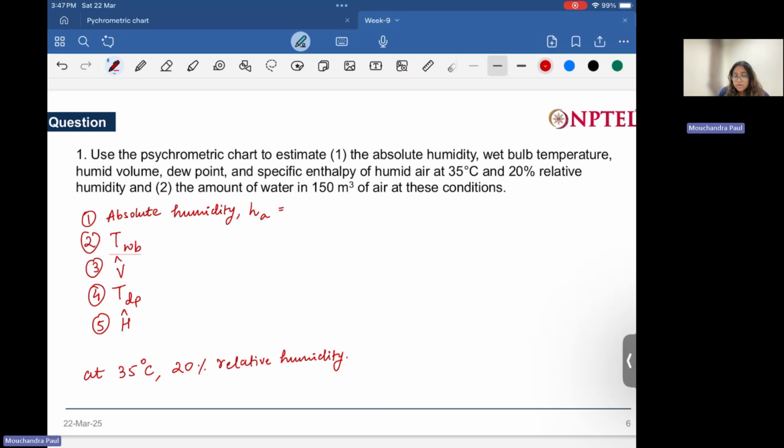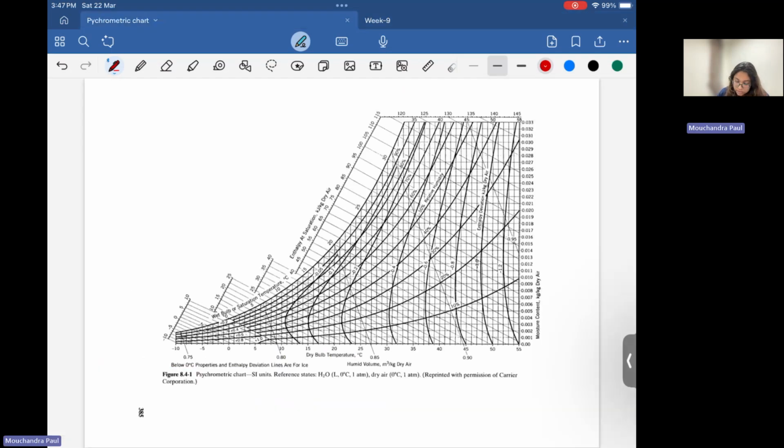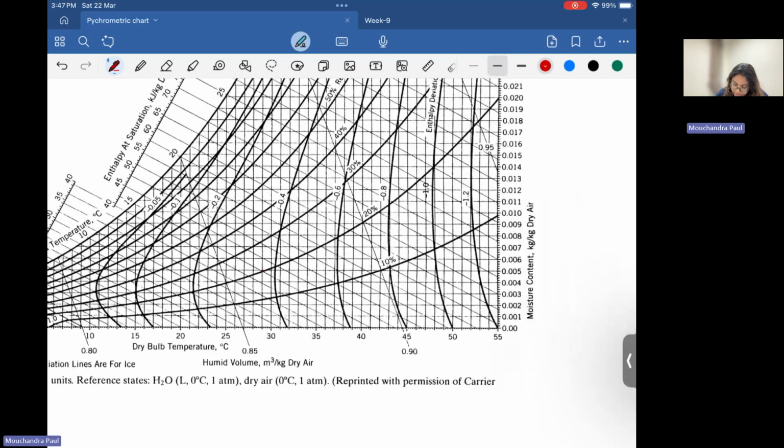So let's start with the easy one, absolute humidity. 35 degrees Celsius and 20%. So this is 35, and 20%. This is the moisture content or absolute humidity.